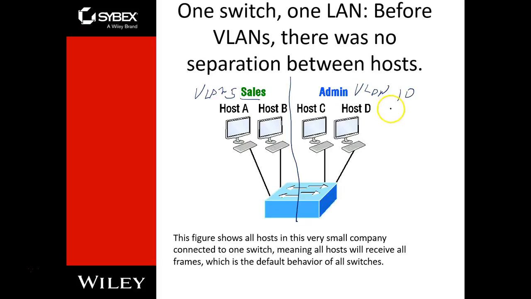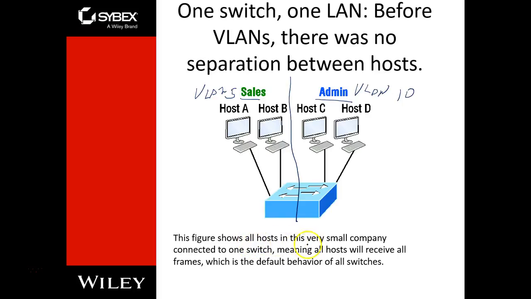You can also pick the name, so you can name these things. The command that we would type to create it would be VLAN 10, and then the next command would be name admin. So VLAN 10 is now named admin. It just helps keep things sorted out when you start looking at, oh, I got a VLAN 10. Okay, who does that go to? You're going to know, but somebody comes in behind you, they may not know.